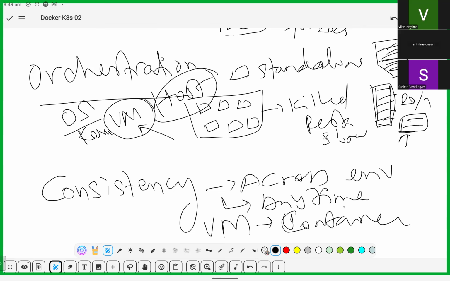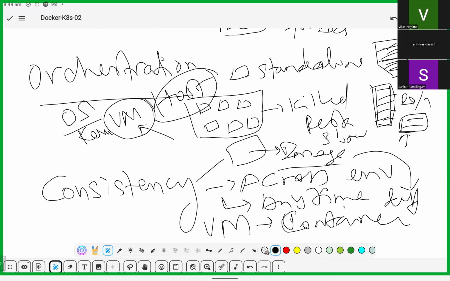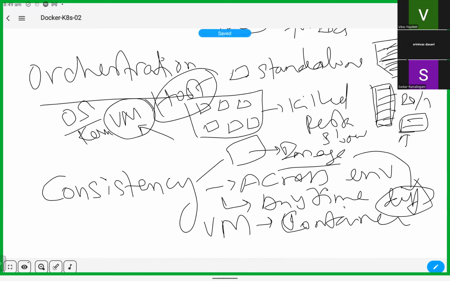Because whatever you provision is based on a specified image or fixed Docker image. Whatever you do on top of the Docker image is the only difference, and that varies from time to time. So we don't have to really worry about getting the packages installed or the application installed and running the Docker container.